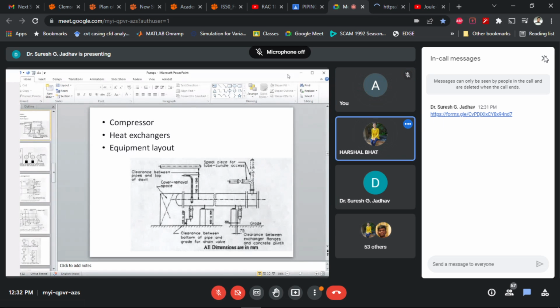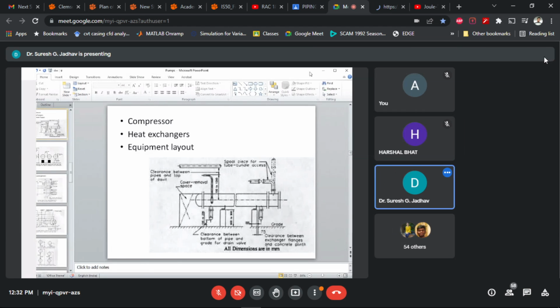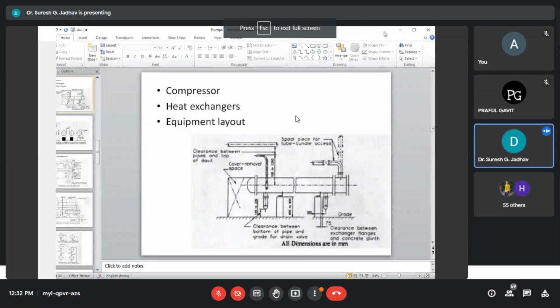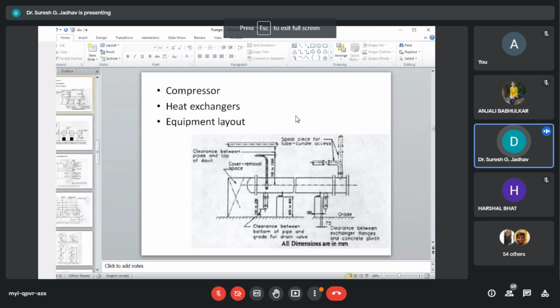Okay, fine. Now, in the earlier lecture, we discussed the compressor, heat exchanger, and equipment layout. In the heat exchanger, we discussed the heat exchanger and their respective layout.